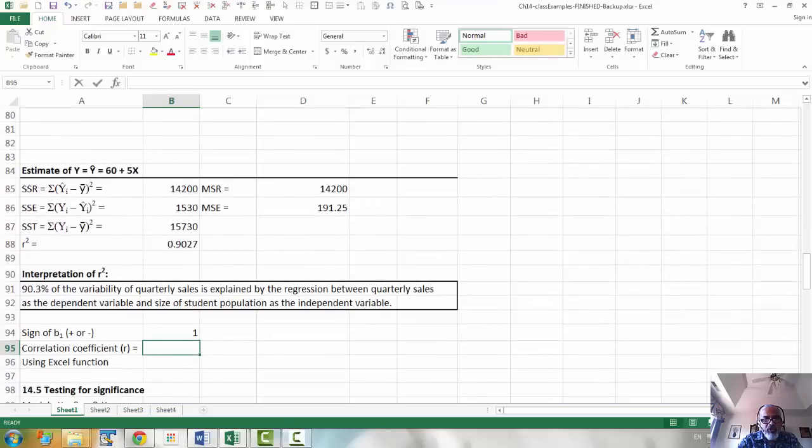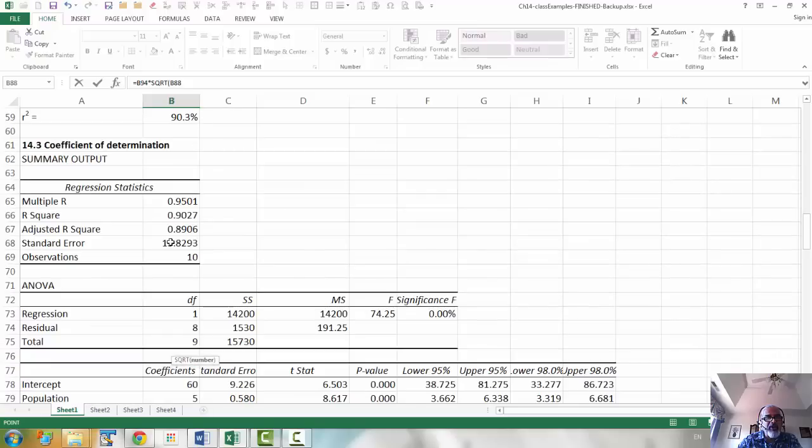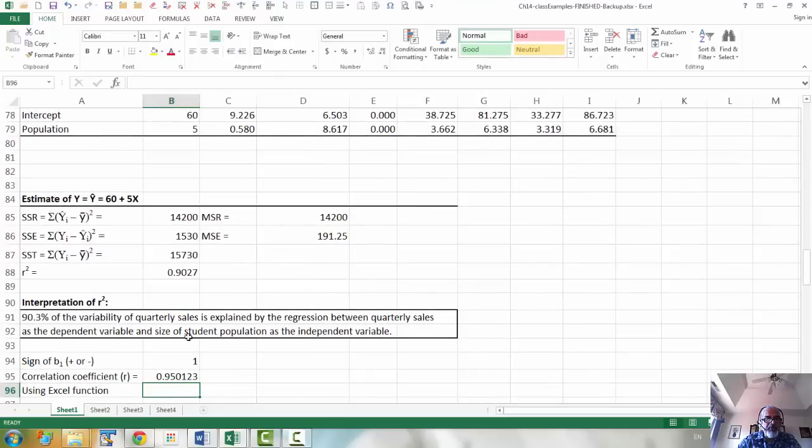Okay, correlation coefficient then is the sign times square root of R squared, which is right there. Or we can use R squared from here as well. Both are the same. So square root can be the positive square root or a negative square root, and that sign comes from the sign of the slope coefficient.